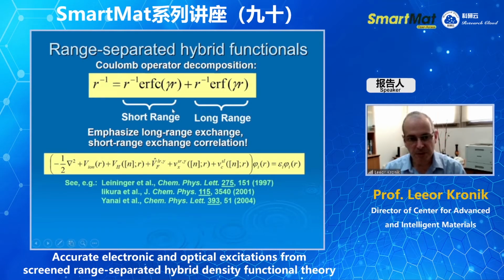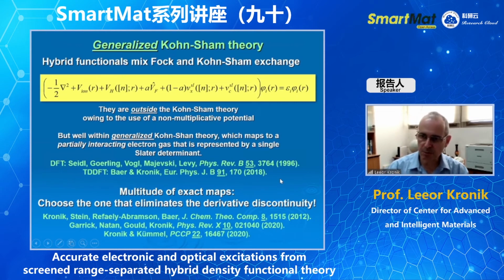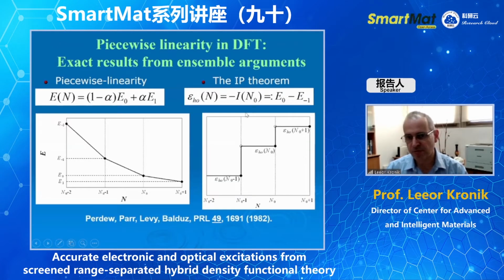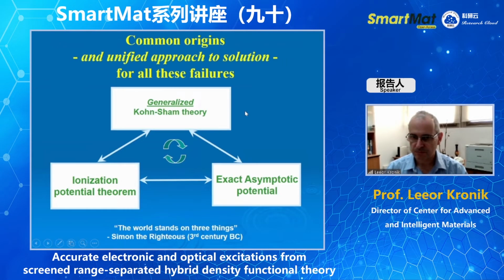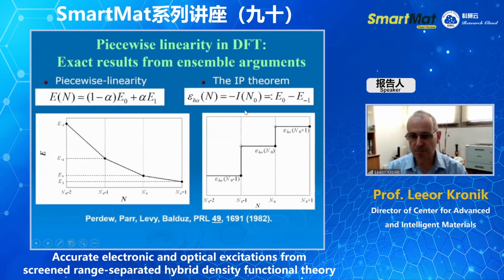But we can treat those two ranges now differently. In the long range, we want to emphasize Fock exchange. Why? Because that takes us back to our third principle. We want to have the exact asymptotic potential, which is 1 over r. And that only comes to be if we have full Fock exchange. Why do we want the full asymptotic potential?